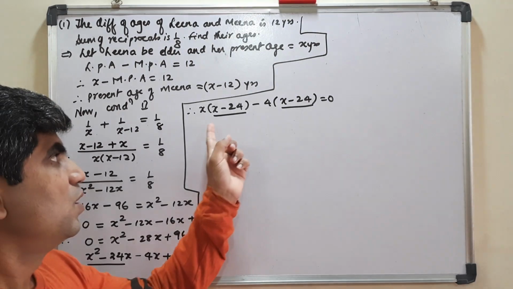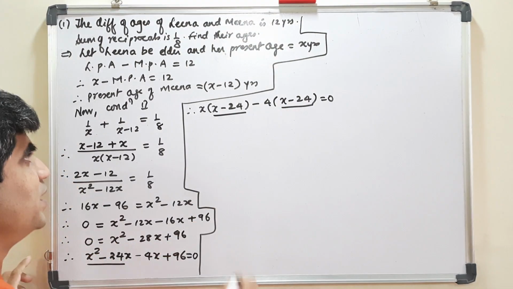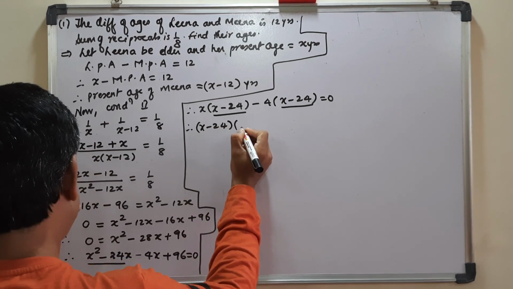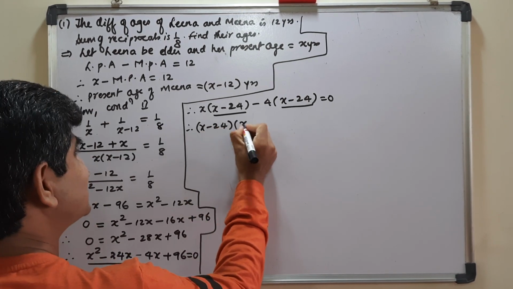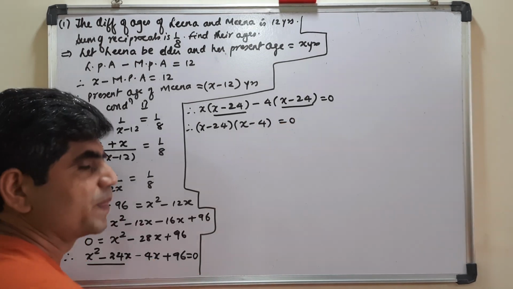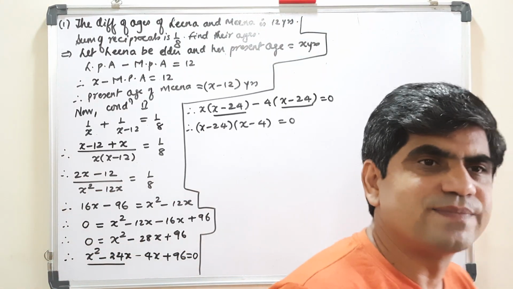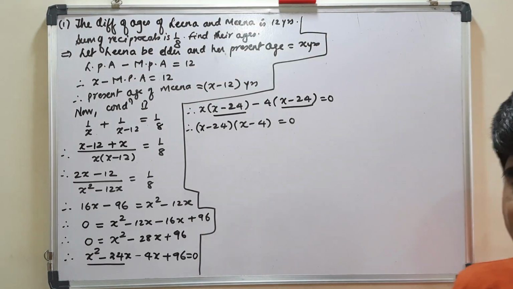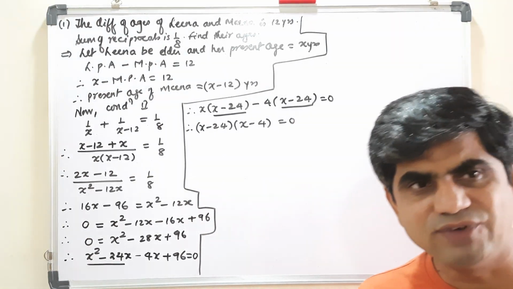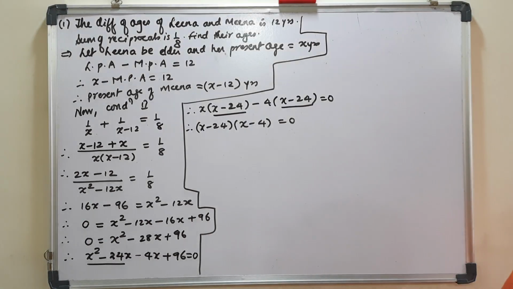Now x minus 24 is common, so you get x minus 24 bracket. What I get here is x remains and x minus 24 came out, minus 4 is equal to 0. As I said, first bracket into second bracket is equal to 0. That means either the first bracket is 0 or the second bracket is 0.